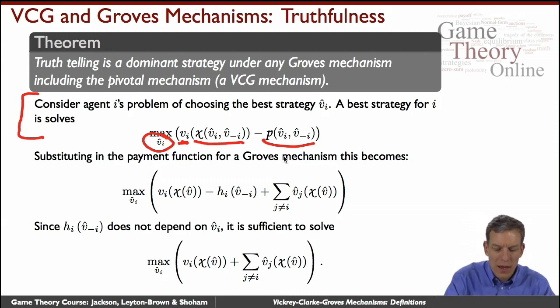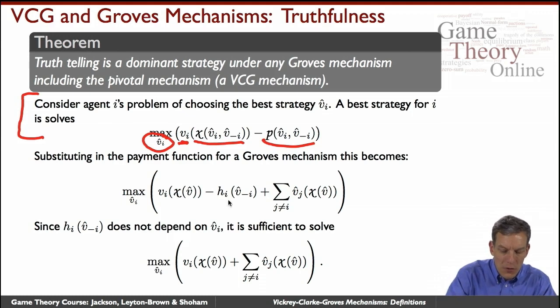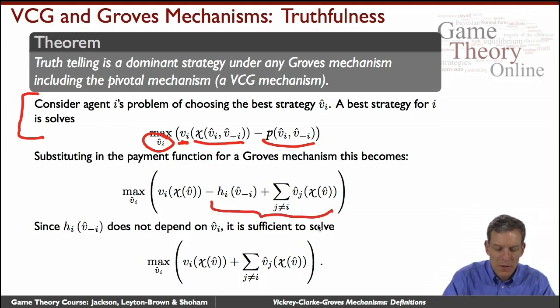So let's have a look at the Groves mechanism, substitute in for this, and then see what people's incentives are in that world. So under a Groves mechanism, your payment rule looks like this. It looks like an h_i minus the V hat, and when we take the minus of the overall thing, we end up with this.